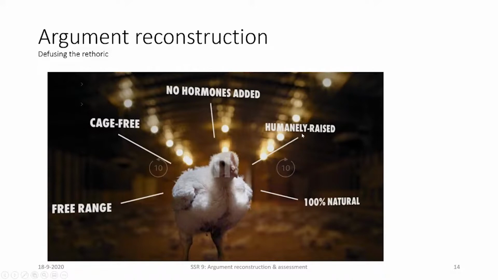And he's trying to be completely clear and honest towards his customers about what different terms mean when they're used in the fast food industry. So the chickens he sells on a sandwich are called free range, cage free, no hormones added, humanely raised, and 100% natural, which are all terms that trade on their rhetorical force.